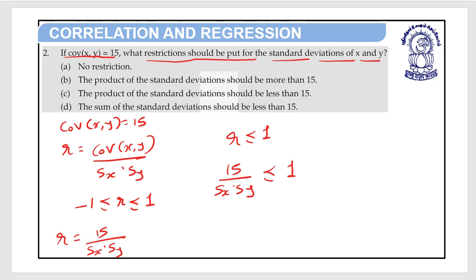So 15 less than or equal to sx into sy. The product of standard deviations sx into sy should be greater than or equal to 15, so it should be more than 15. So option B is the right answer of question number 2.